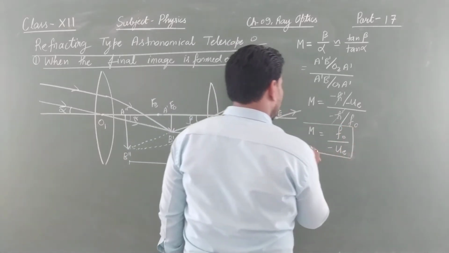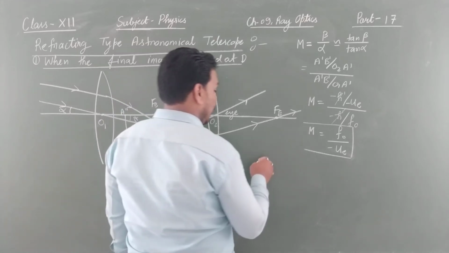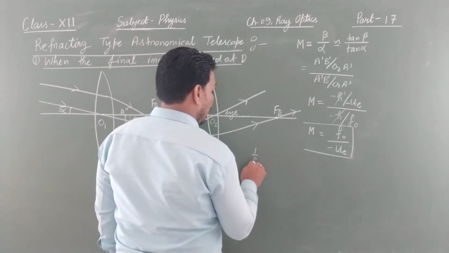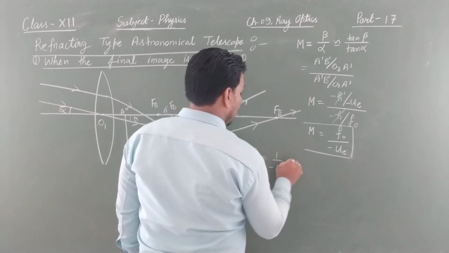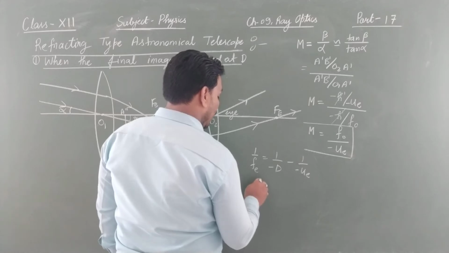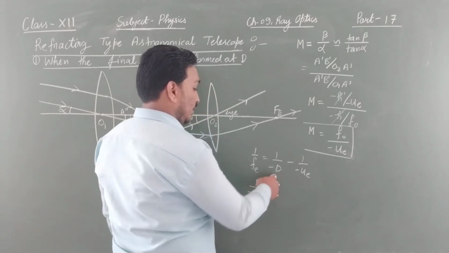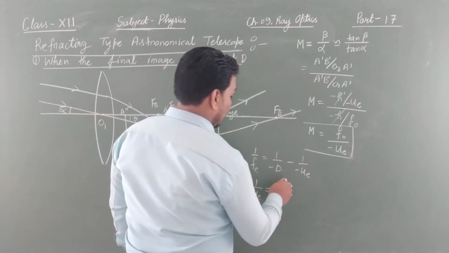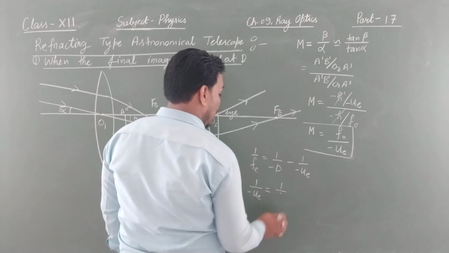Now we have to put this UE here. So how are we going to put it? Just see, 1 upon fE is equal to 1 upon capital D minus 1 upon UE, with the negative sign. So if we calculate 1 upon minus UE from here, 1 upon D is going to be on this side.